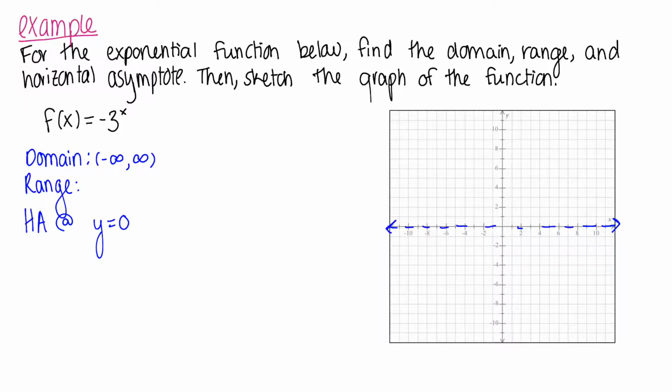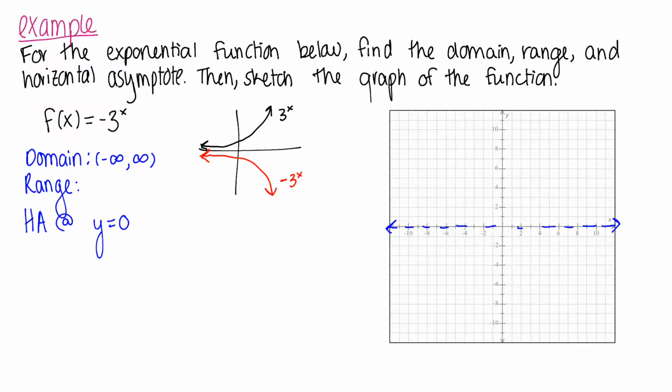So you still have a horizontal asymptote at y equals 0. Now the regular 3 to the x function looks something like this. This would be 3 to the x. When you put that negative out front, remember it's flipping it over the x-axis, so this is -3 to the x.